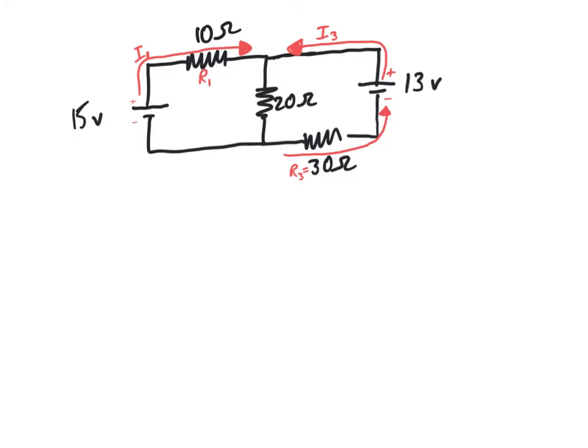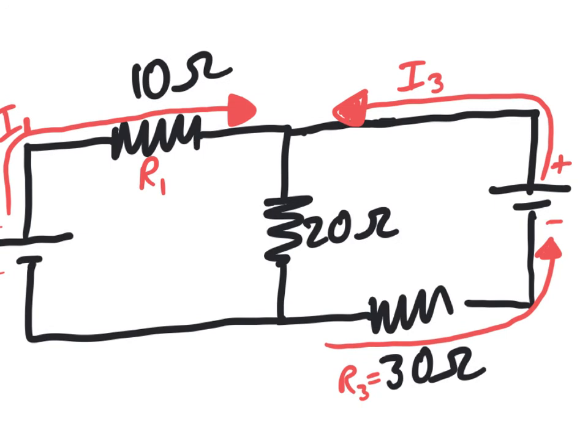What's going to be the direction through the 20 ohm resistor? Well, I've got 2 currents going into that junction. And when that current goes into that junction, it's not just going to cancel out. It's going to keep on going. So they're going to combine. And when they combine, they get pushed out this way.